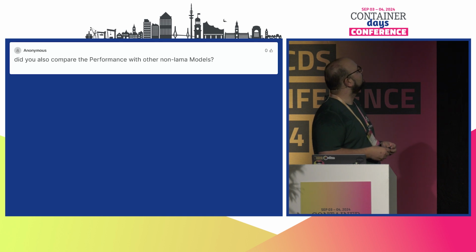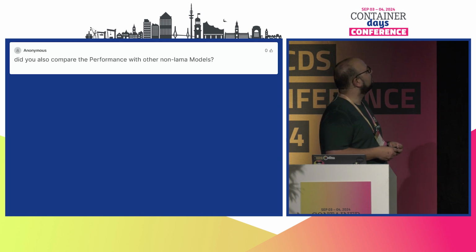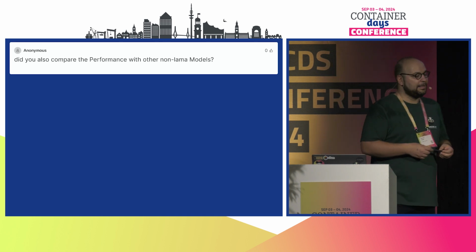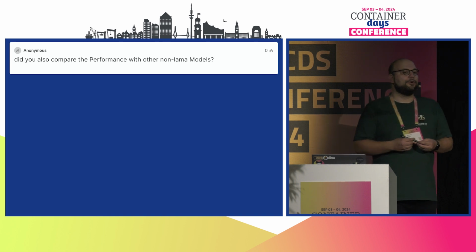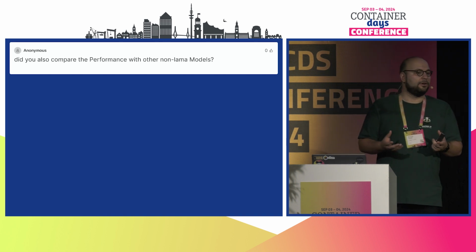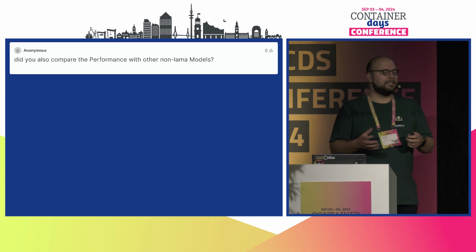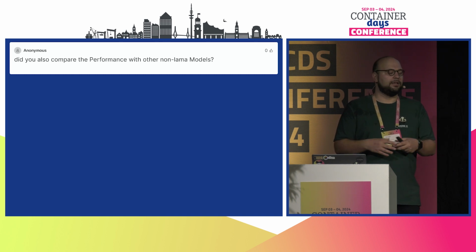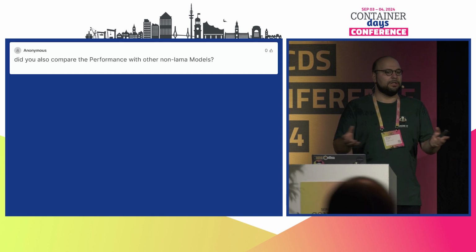Did you also compare performance with other non-Llama models? Yes, we did. For your use case, you will want to try out a variety of large language models. I said Llama 3.1, which is a fairly general-use model.